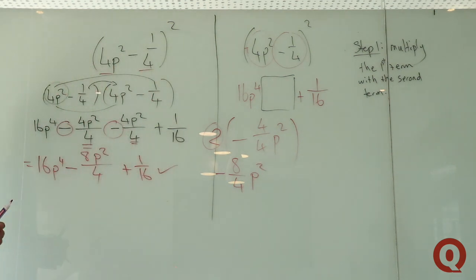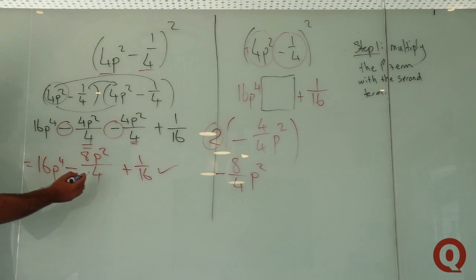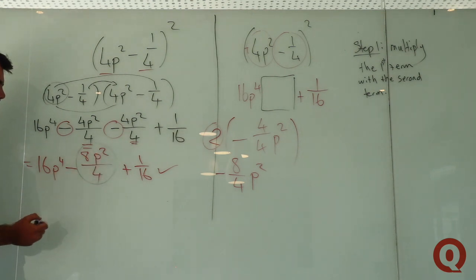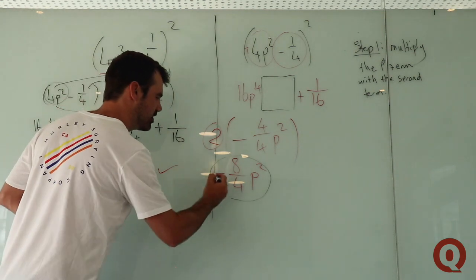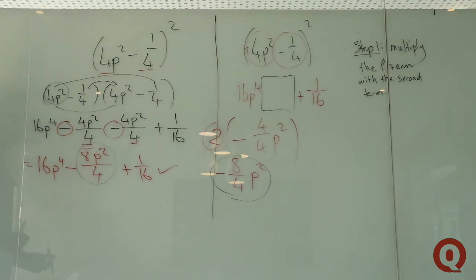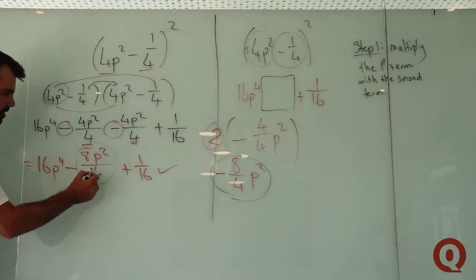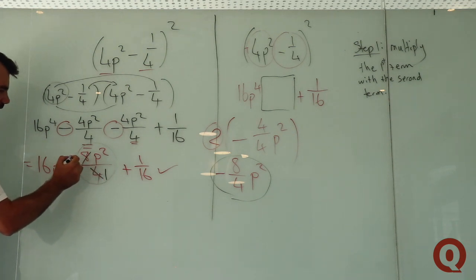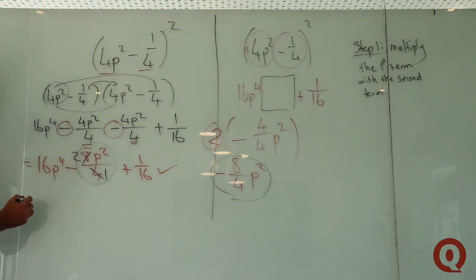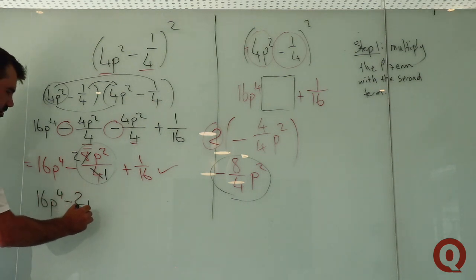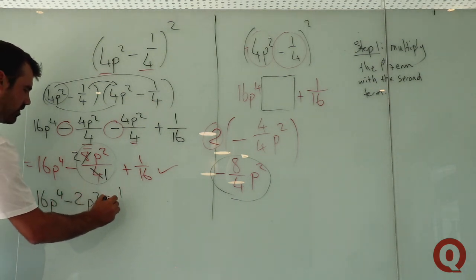For those of you who are really looking hard, you notice that I can actually simplify this. I didn't want to touch on that just yet because it might throw a few people off. So 8p squared divided by 4 means that 4 goes into itself once and it goes into 8 twice. So my final answer on this side would be 16p to the power of 4 minus 2p squared plus 1 over 16.